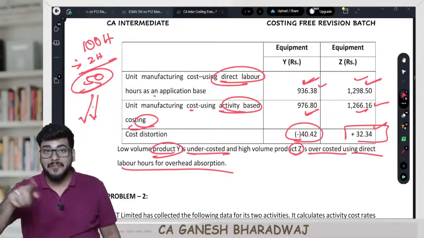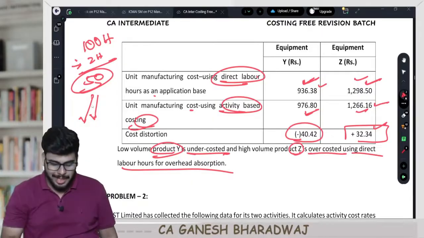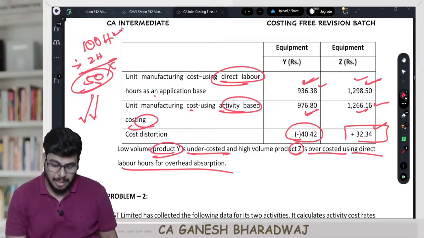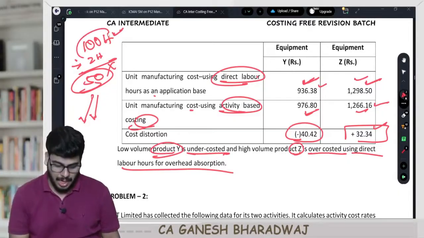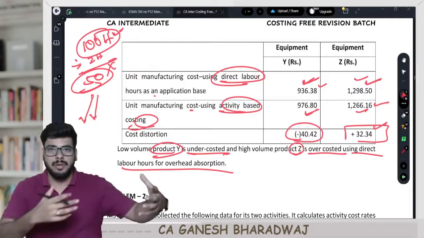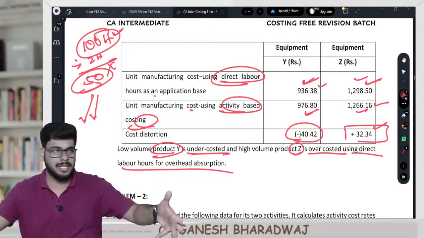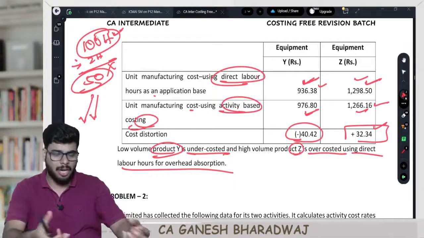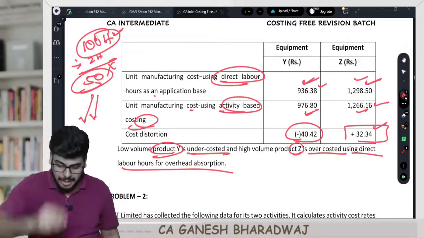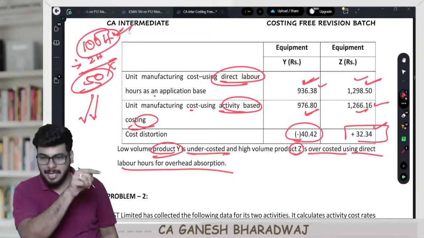Whereas if you are an online student, you will not be bothered about the number of lectures. You will only be bothered about the hours. Why? Because for 100 hours you are watching a lecture, so you will incur some electricity cost, some basic light, or you'll be using a system, and that cost is driven by the duration, not by the number of lectures.